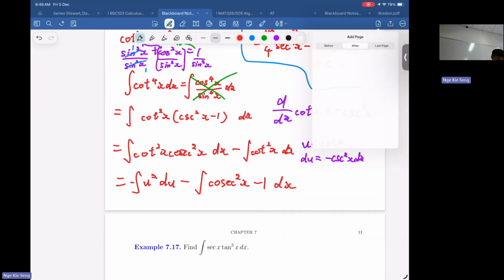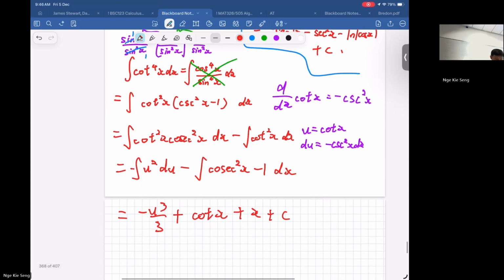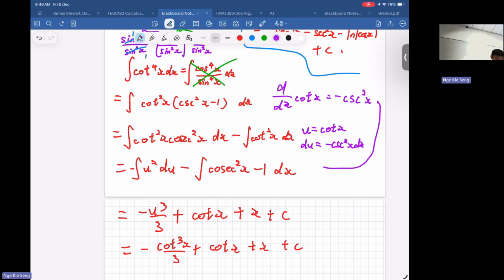Okay, so let's continue this calculation. 3 plus tangent x, and then plus x, which is minus cotangent cube. Okay, so we should use this relation here.